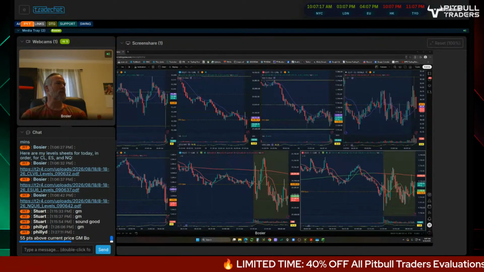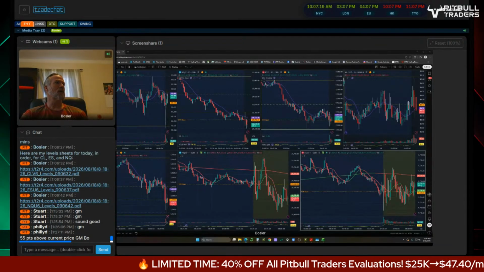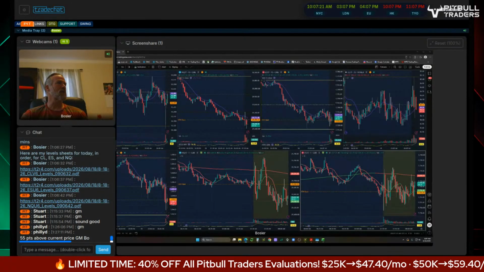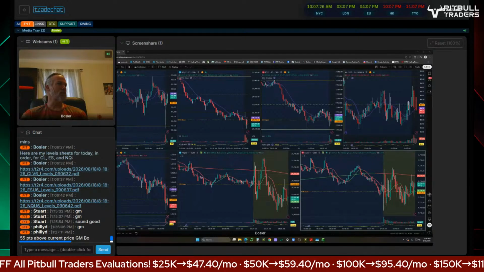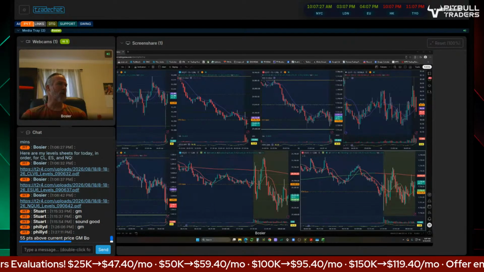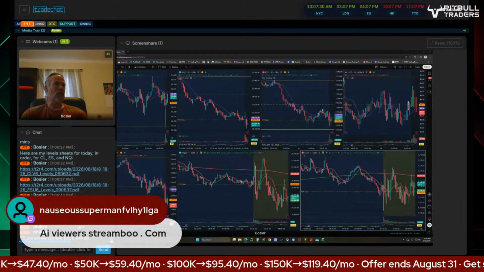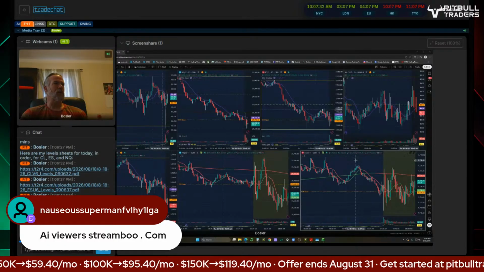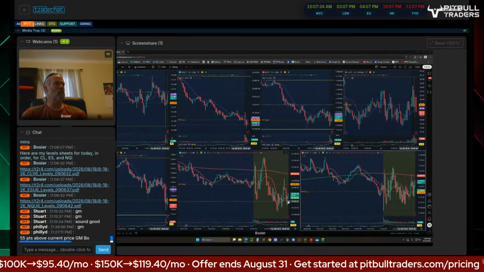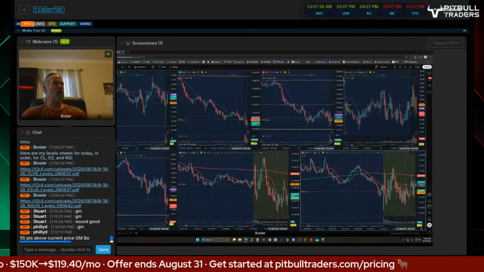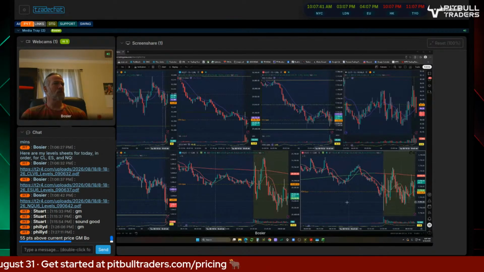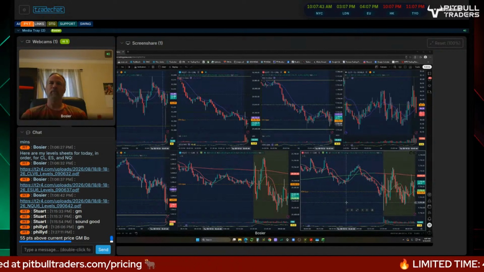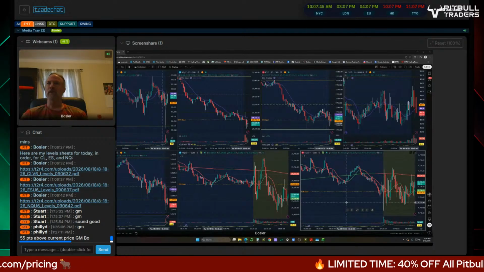Let's see. We've got the YM sustaining a little bit here. RTY back to its open a little bit. Let's see if it can get back above. We're getting a little bit of a curl here now in the NQ and the ES on the 1 minute chart. Another quick glance across the board.